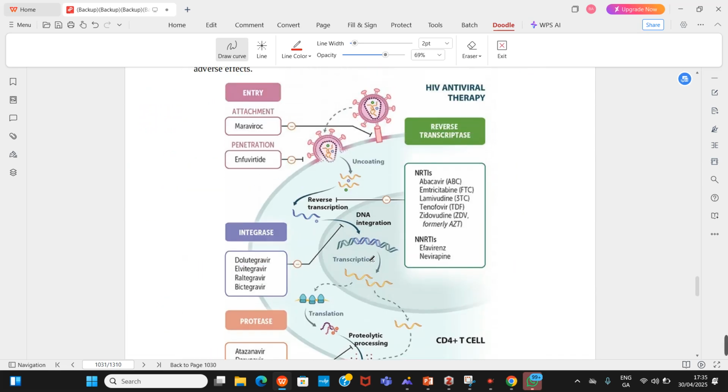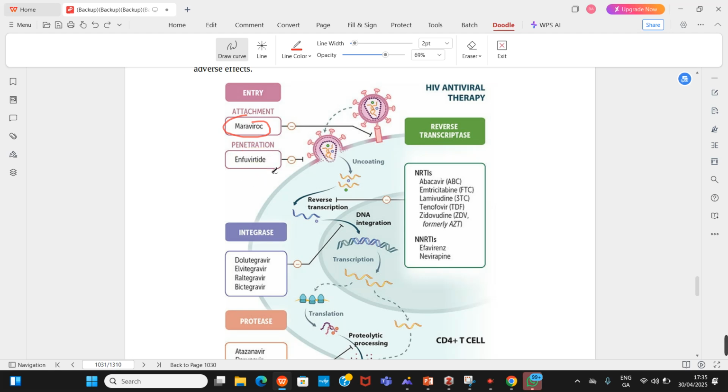So this is just a class. We have the nucleoside reverse transcriptase inhibitors, the nucleotide reverse transcriptase inhibitors, and the non-nucleoside, which includes efavirenz and nevirapine. Then the ones that inhibit attachment: maraviroc, which attaches to CCR5. And the ones that prevent fusion: enfuvirtide. So if this one is preventing fusion, what is it attacking?